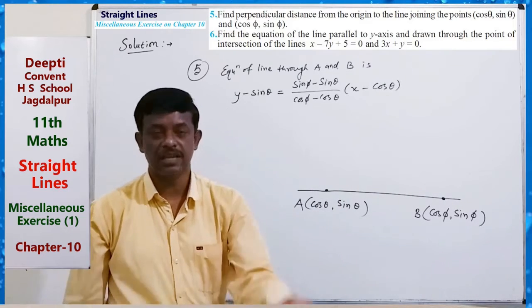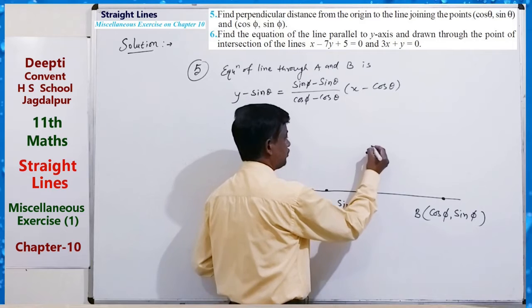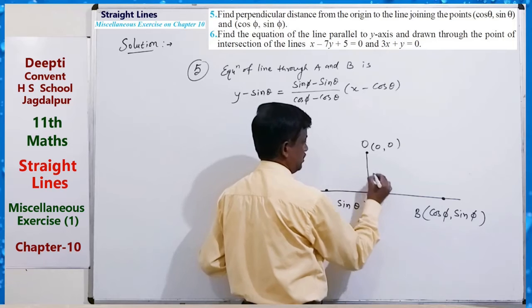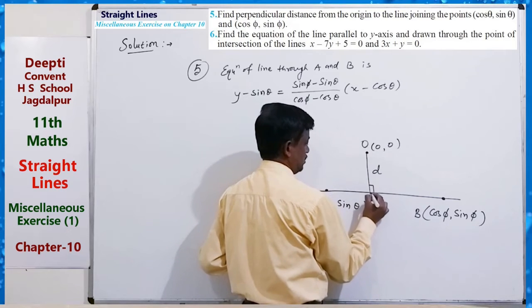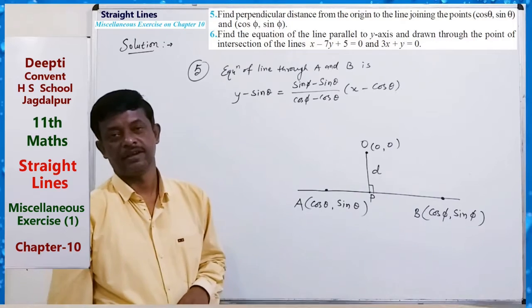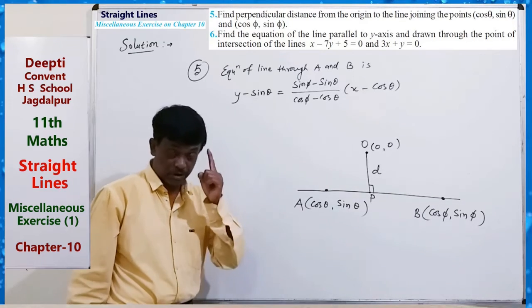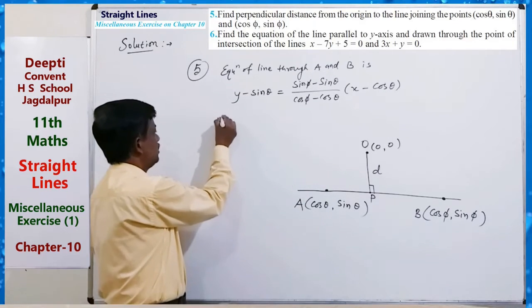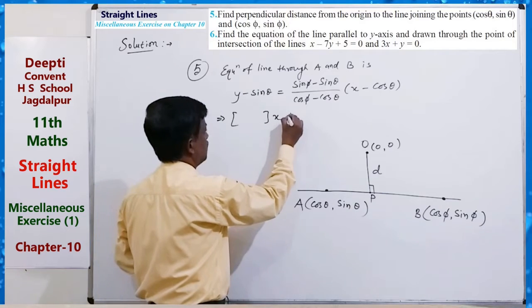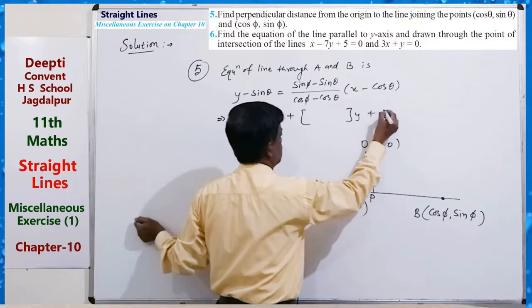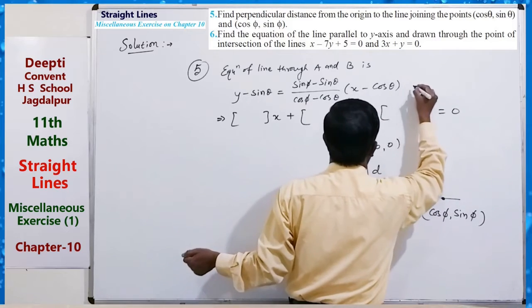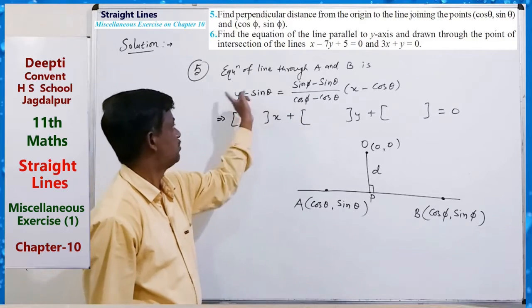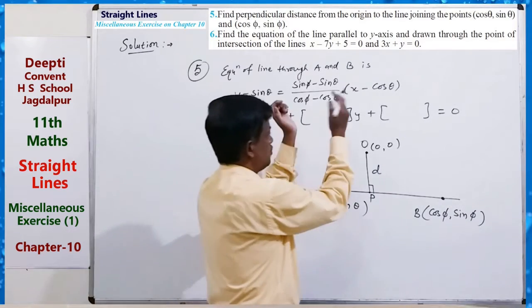Now we have to find the distance from the origin. This distance we will find. And we know the distance formula. For the distance formula, you have to multiply and set it like this: this into x plus this into y plus a constant term equals to 0. Just convert it into this format. Clear? Just multiply, collecting the coefficient of x, the coefficient of y and the constant term.